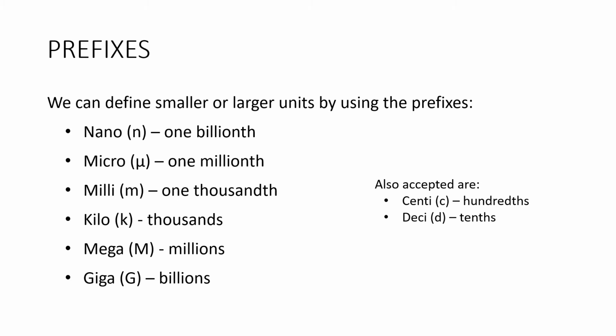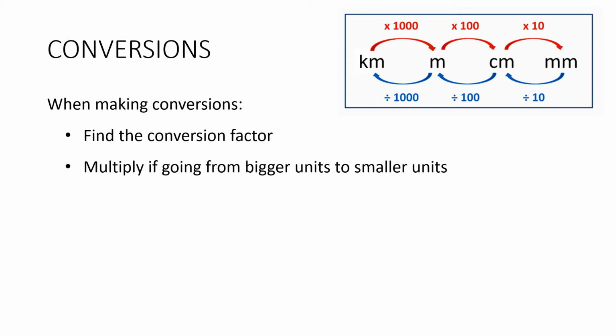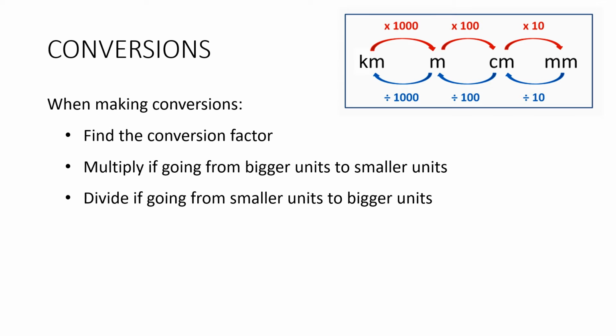So when we're making conversions, we firstly have to find the conversion factor, and then we either multiply or we divide. Now this remains a concept that's quite tricky for many students. You do get better at it over time, but here's a simple way of remembering it. We multiply if we're going from bigger units to smaller units because we want more of them.